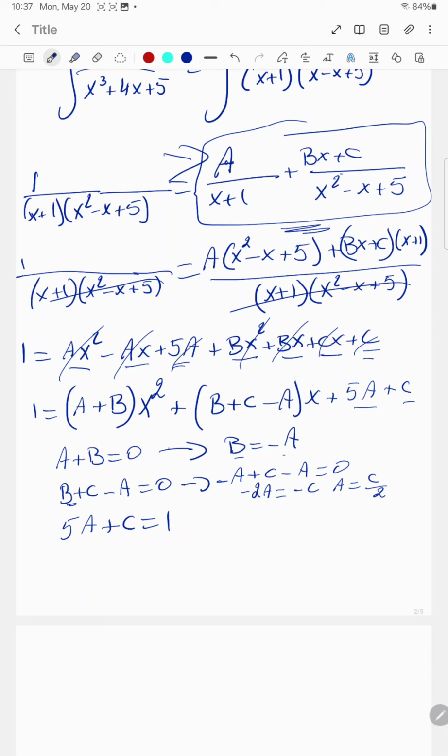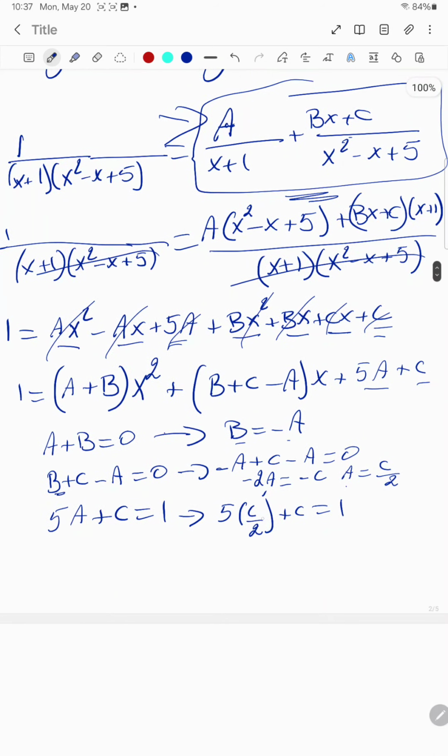Okay? And from here, I would replace a by its value, which is c divided by 2. So 5 times c divided by 2 plus c equal to 1. A equals c divided by 2. That's good. So let's do a common denominator now. 5c divided by 2 plus c equal to 1.